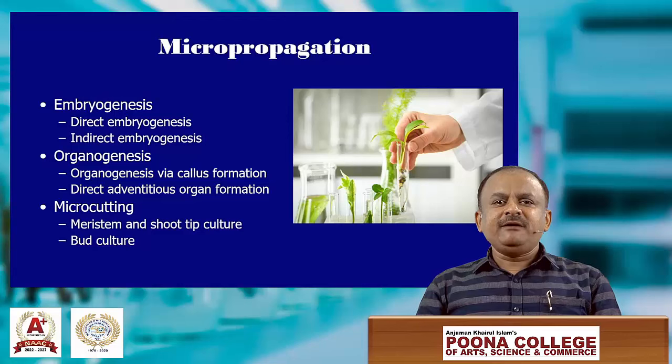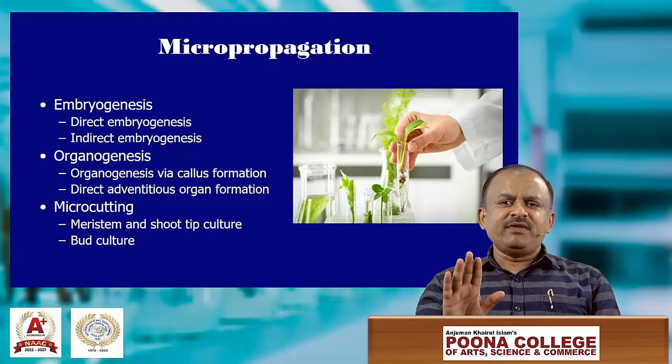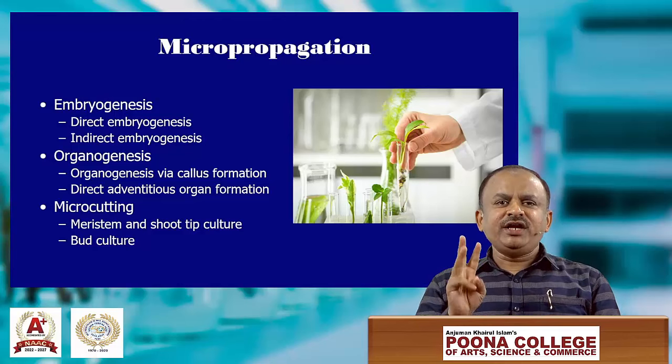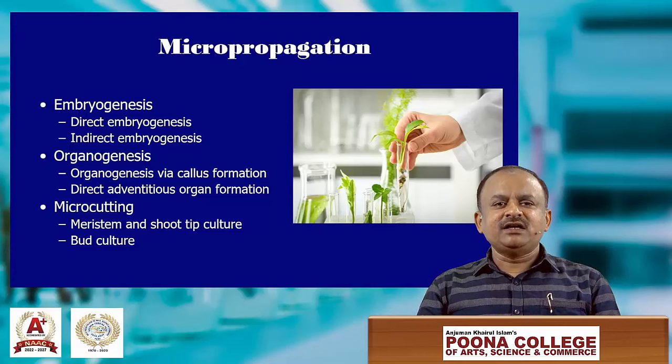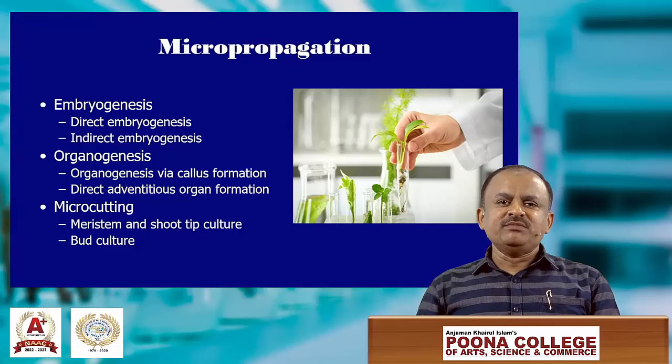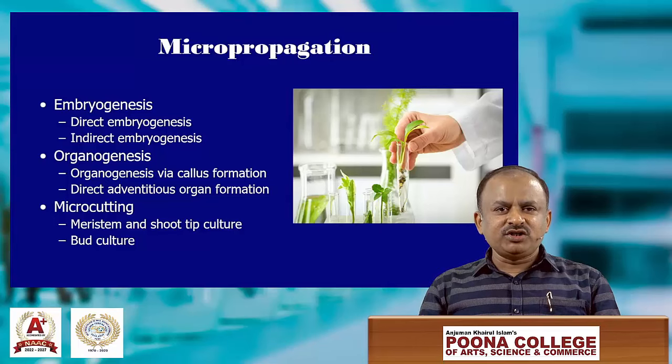What is meant by micropropagation? Remember well, in micropropagation three important aspects we have to consider: the first is embryogenesis, the second is organogenesis, and the third is microcutting. As far as embryogenesis is concerned, there are two different methods, direct embryogenesis and indirect embryogenesis.